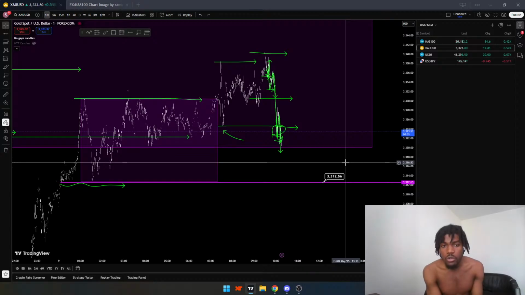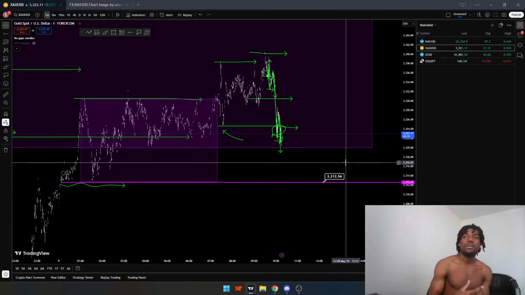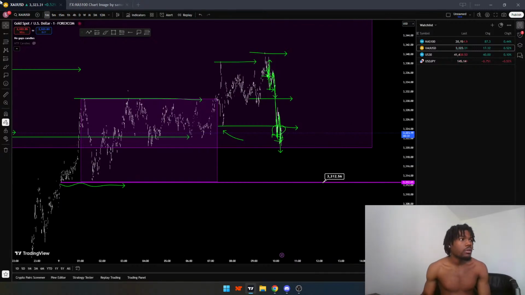It's not the other way around where, okay, cool, I'm ready to engage in something. Now you're just looking for confirmation in the market. That's also something I'd like to address. A lot of focus on confirmation, or a lot of focus on setups, or a lot of focus on models, right?